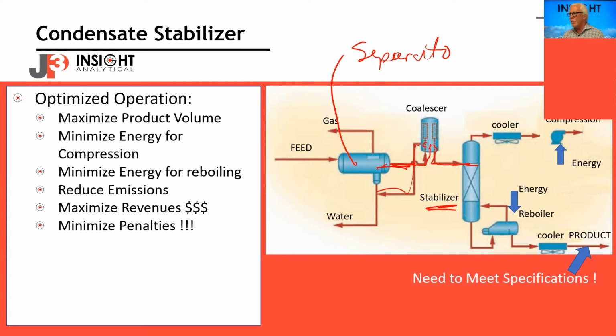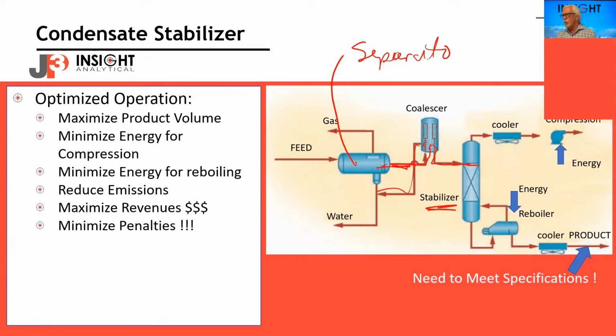And at the stabilizer, we're going to be trying to separate the parts that we want to keep as liquid and the parts that we want to go further on into the plant to be treated on the gas processing side. And the trick to that, as we mentioned earlier, is to adjust the temperatures and pressures accordingly.